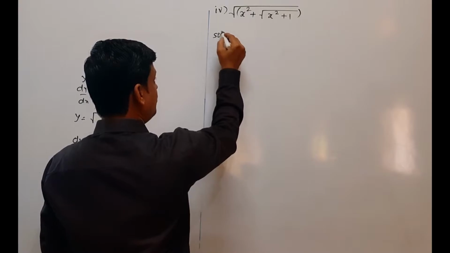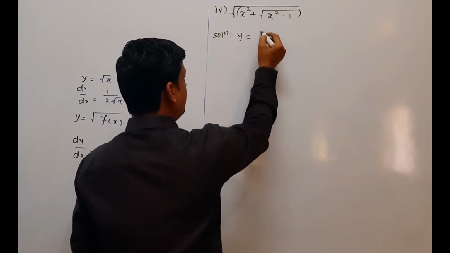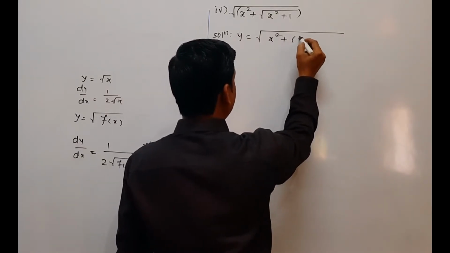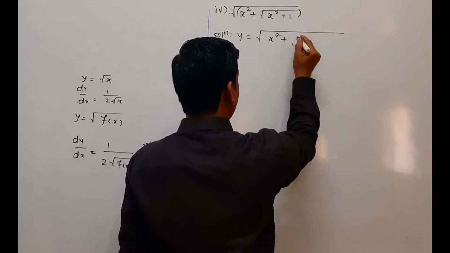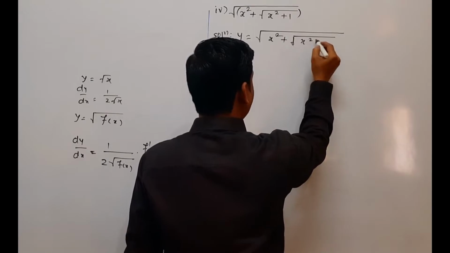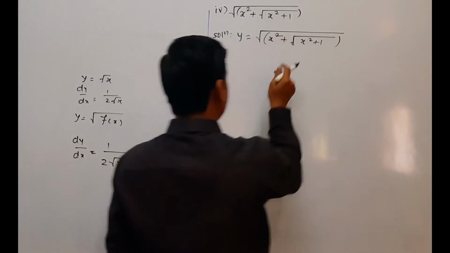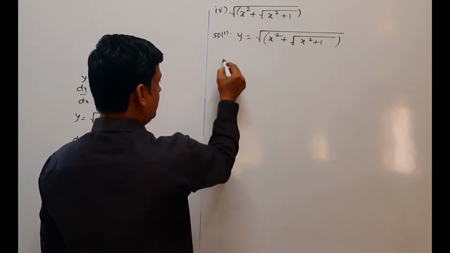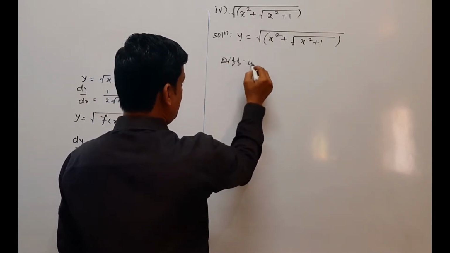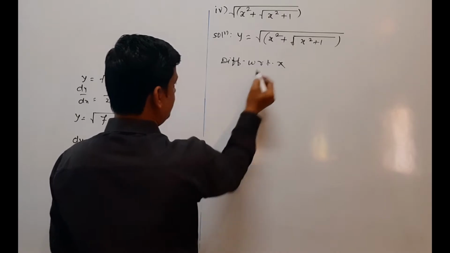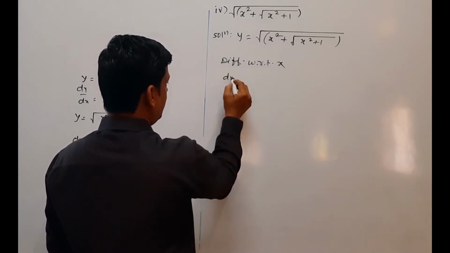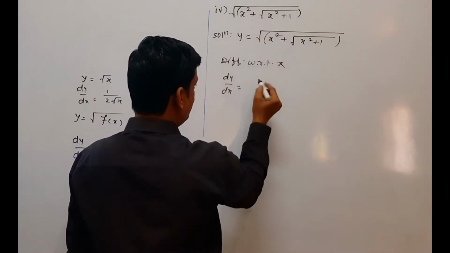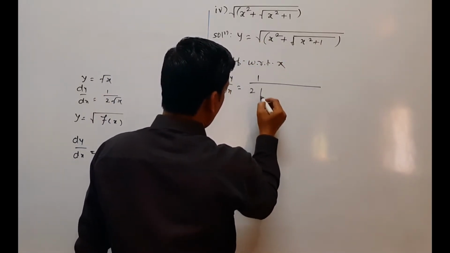So we write in the solution y is equal to root of x square plus root of x square plus 1. So first we find the derivative of the outer. So we write here differentiate with respect to x. Therefore dy by dx, derivative of this root is 1 upon 2 root.